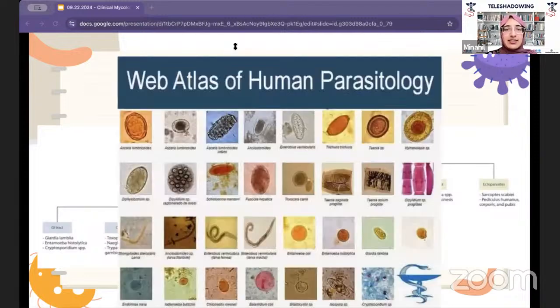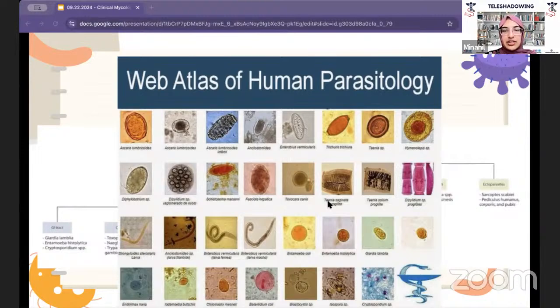Again, there's a lot, right? I wanted to show you the various interesting human parasites that we can find, including helminths, also known as worms, the protozoa, and the eggs. These parasites can cause a wide range of infections, from intestinal worms like Ascaris lumbricoides and the Taenia species to protozoa like Giardia lamblia and Entamoeba histolytica.